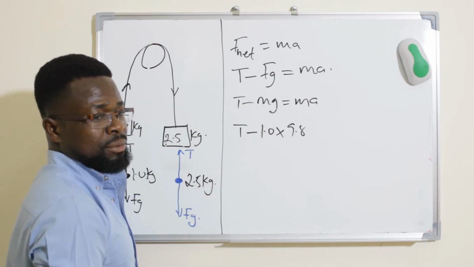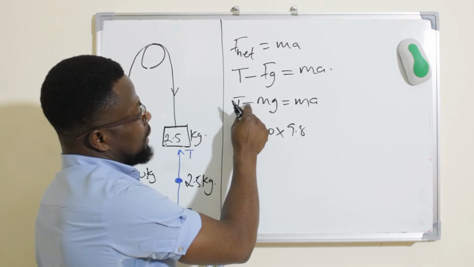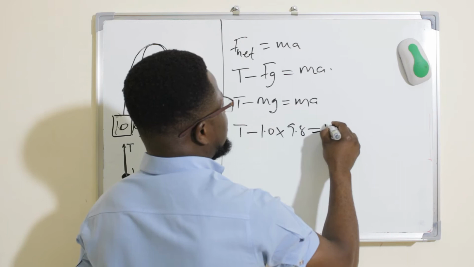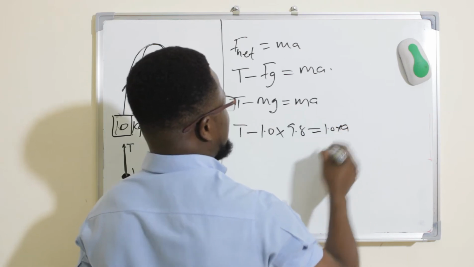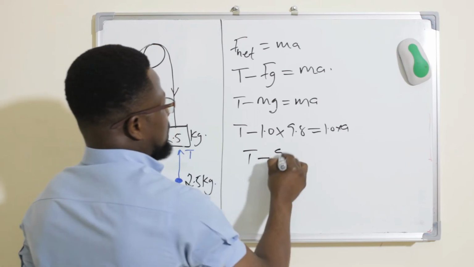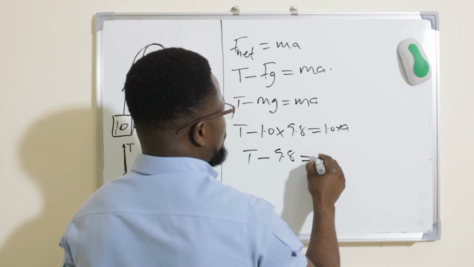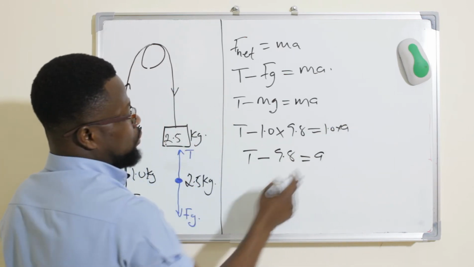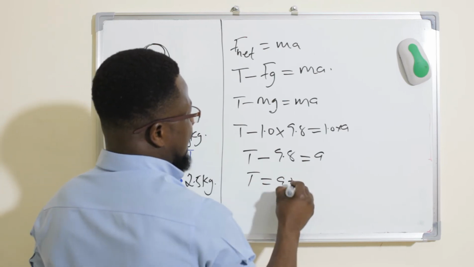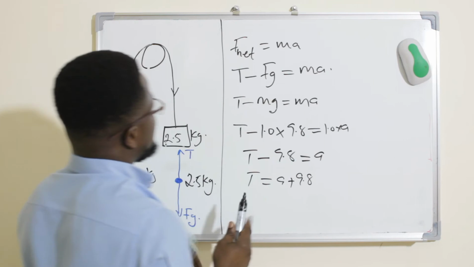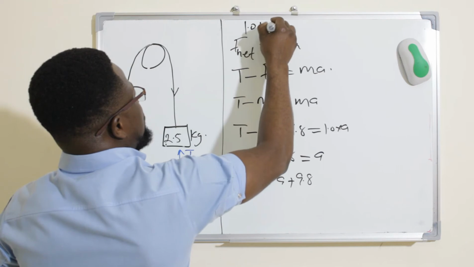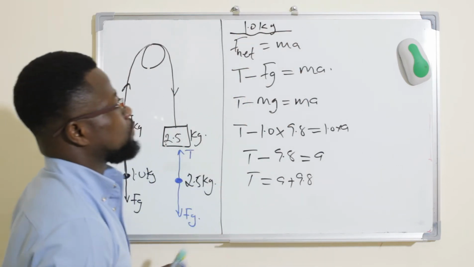Acceleration will always be negative. But in this case, I've taken care of that by this negative sign here. And this must be equals to 1.0 multiplied by the acceleration. So we'll have T minus 9.8 is equals to A, because 1 multiplied by that will give us the same thing. So automatically my tension is A plus 9.8. That is for this, the 1 kg object.